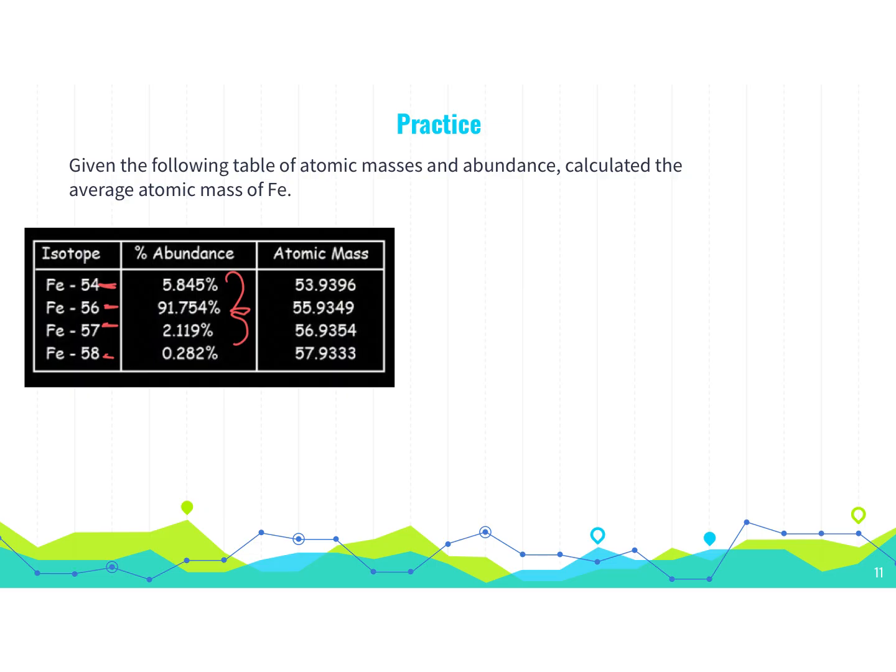If we want to calculate the average atomic mass of iron, the average would be equal to the atomic mass, 53.9396 of iron 54, multiplied by the abundance in decimal form, 0.05845, and then we would add that to the next isotope.